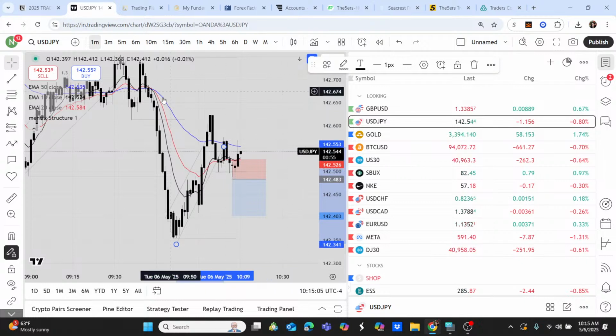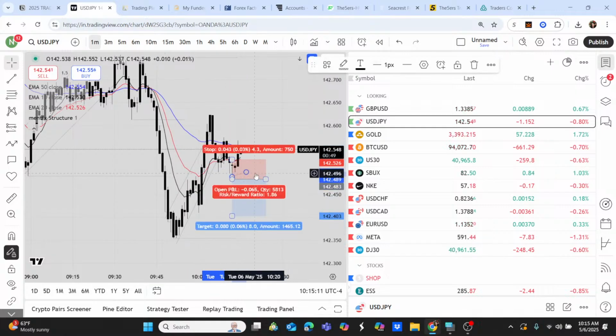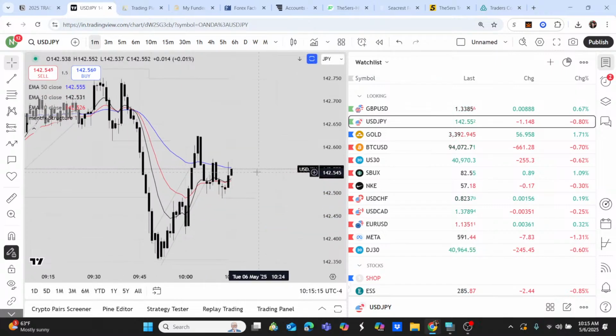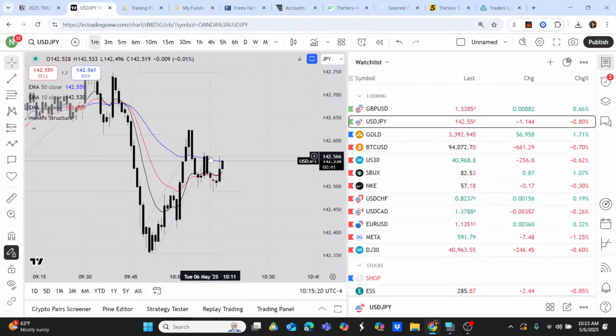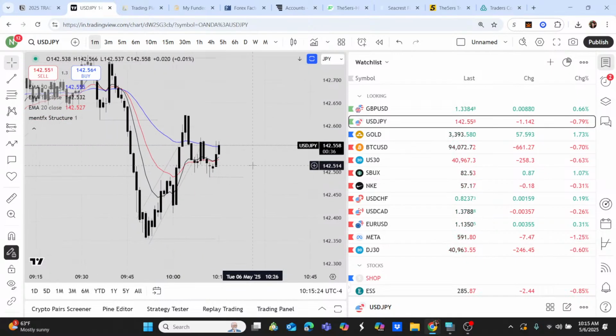Alright, so price ended up re-breaking back through, so I'm not interested until price can break this low right here, because my thought process is this is just showing a mini consolidation up here, and we're just waiting for the breakout of that consolidation for a setup.